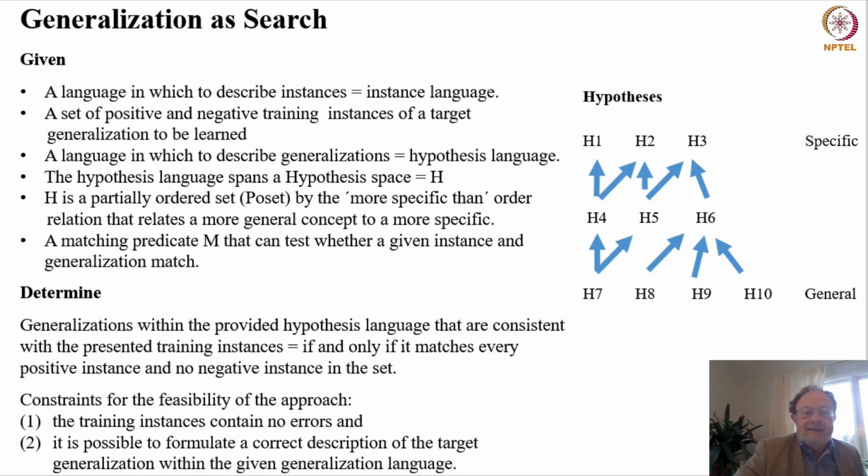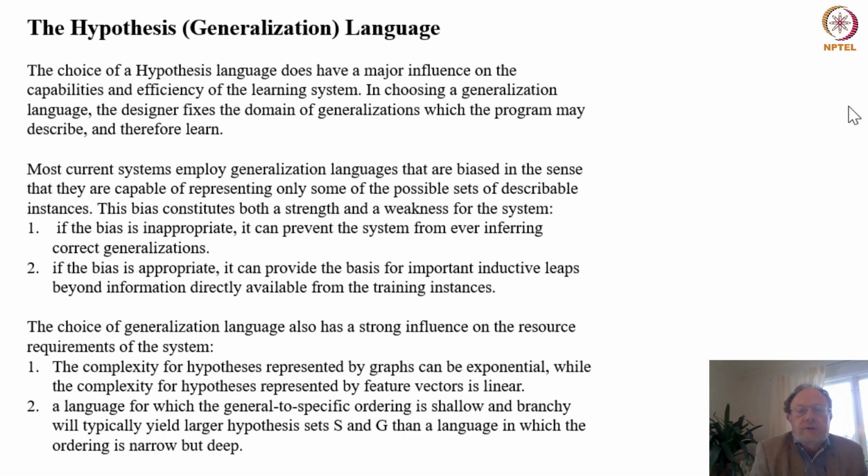So we can say that this is a theoretical framework because it cannot handle some of these practical problems, which are formulated here as constraints. Let's start with saying something about the hypothesis language.